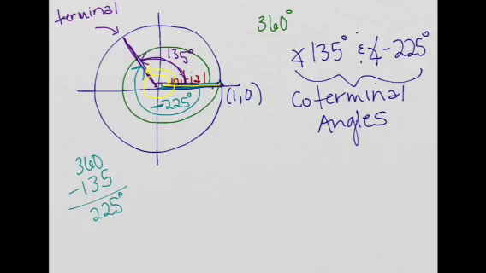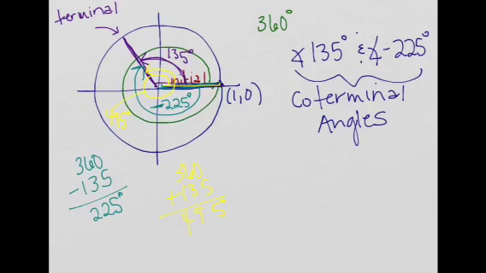That angle that I just drew went all the way around 360 and then an additional 135 because coterminal angles have to start and end in the same place. So it doesn't tell me I have to go around a certain amount of times. So I would take 360 and add 135, and that gives me that angle I just drew is 495 degrees. That angle is also coterminal with angle 135 and with angle negative 225.